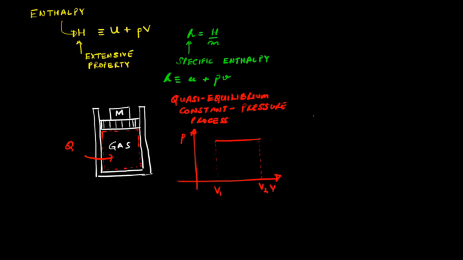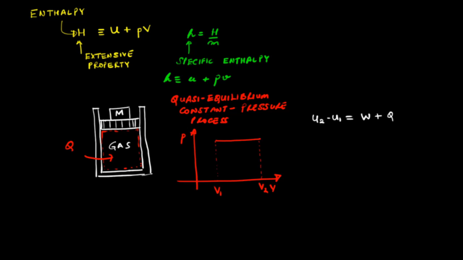So we have U2 minus U1 because there's no change in potential energy or the kinetic energy in this case. So the total energy change, which is just the internal energy change, is equal to the work done on the system and the heat that is transferred to the system.